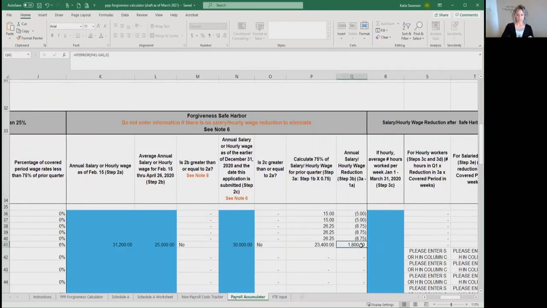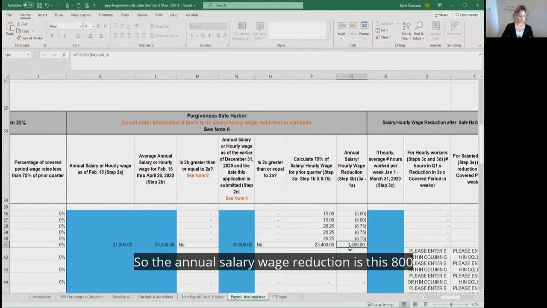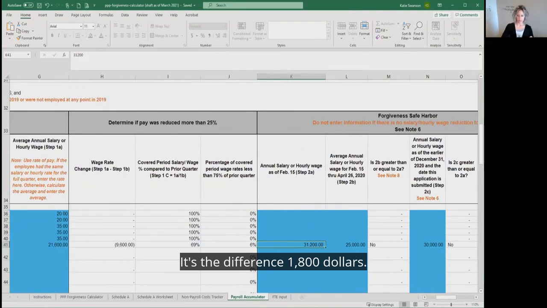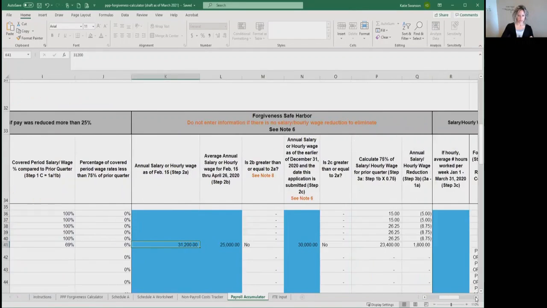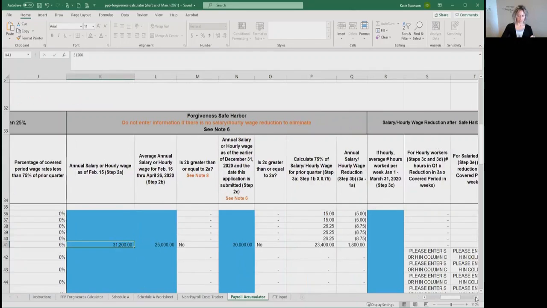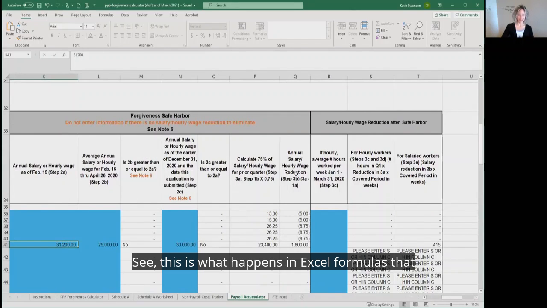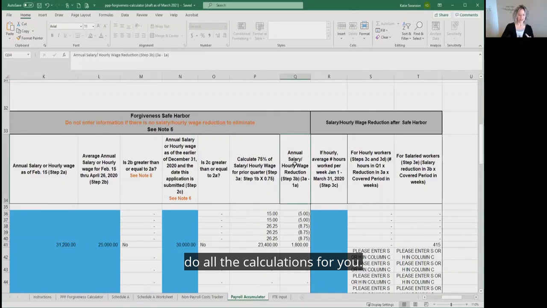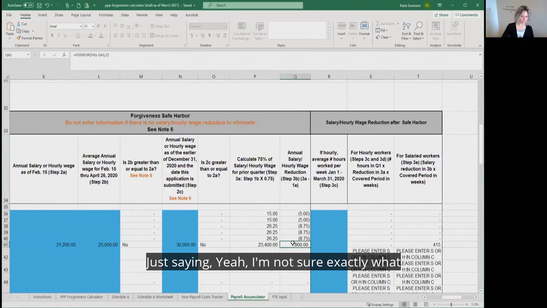So the annual salary wage reduction is this $1,800, which is the difference. I thought I had this figured out. It's the difference, $1,800. See, this is what happens when you have Excel formulas that do all the calculations for you. I'm not sure exactly what numbers it's taking.